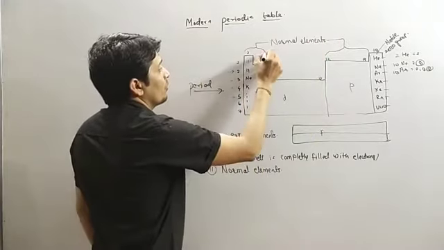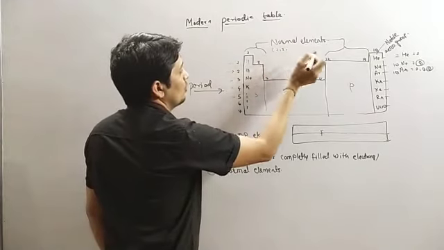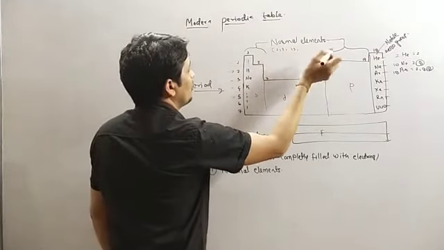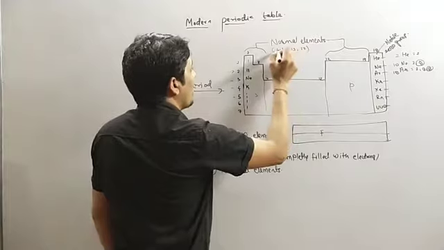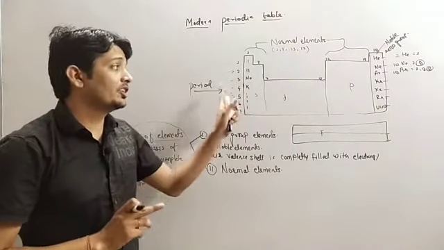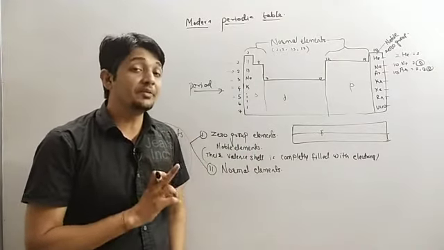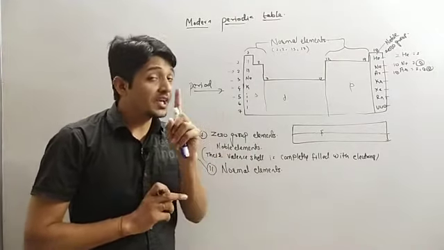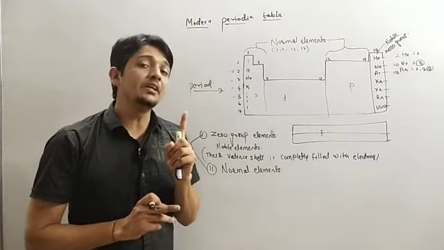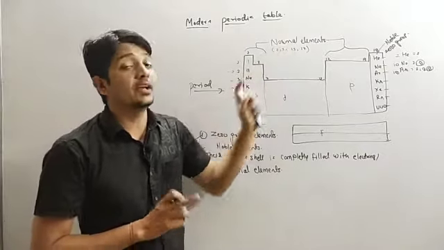Why normal elements? Because only their one outermost shell is incompletely filled with electrons. यानी उनके outermost एक ही shell कैसी है? Incompletely filled है electron से. That's why they are called normal elements.